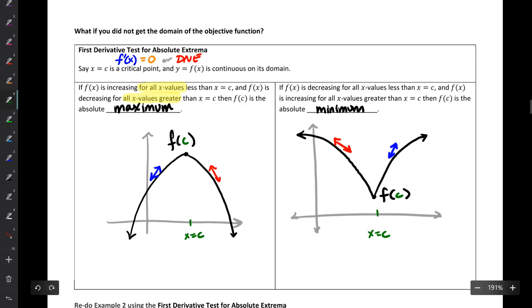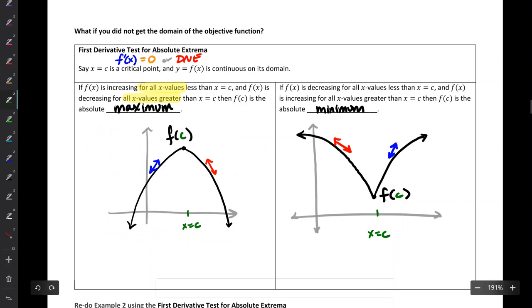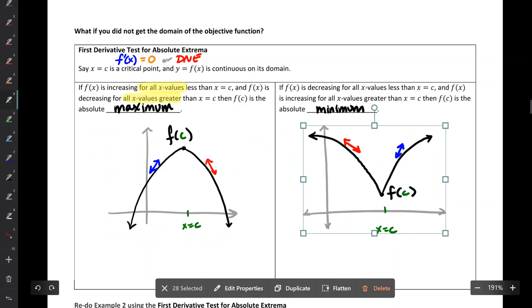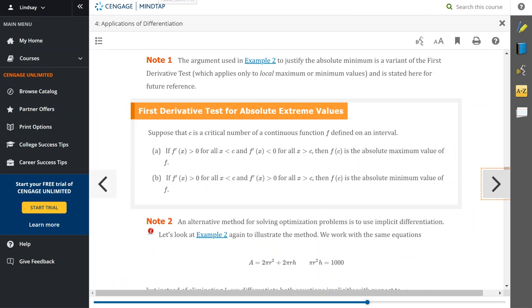In our textbook, which I'll pull up here in a second, they don't write it out in English. They just use some inequalities. Okay, let's pull that. If you click on my ebook right here, then it opens up your textbook, and I'm in the chapter 4 section here, and here's the first derivative test for absolute extrema. So it says, suppose c is a critical number or a critical point. Those are all synonyms, critical value.